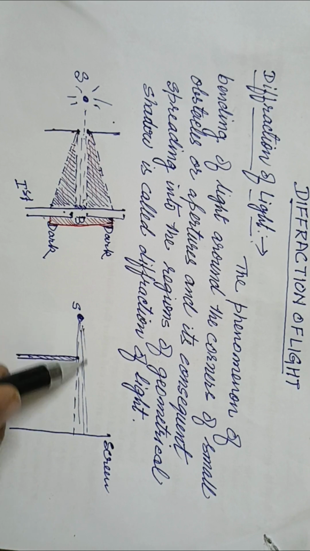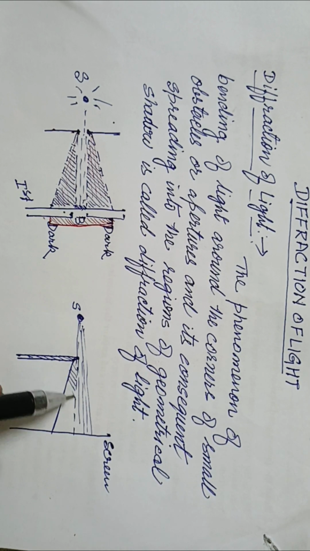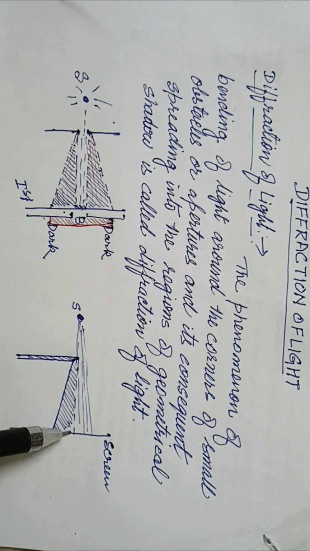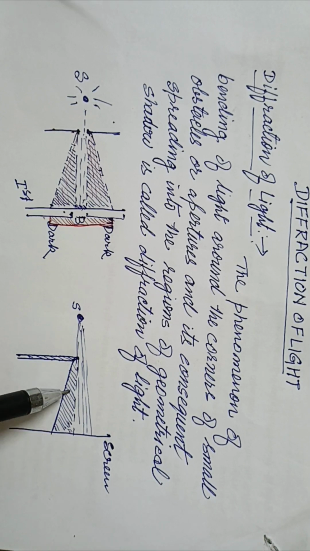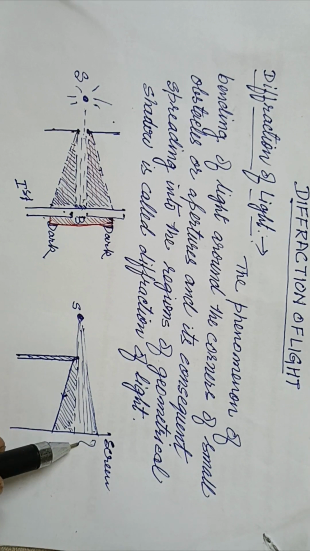But what is happening, it will bend a little bit in this direction also, and it will bend a little bit in this direction also. So this portion will also be a bright patch, and the entire region is the bright patch.